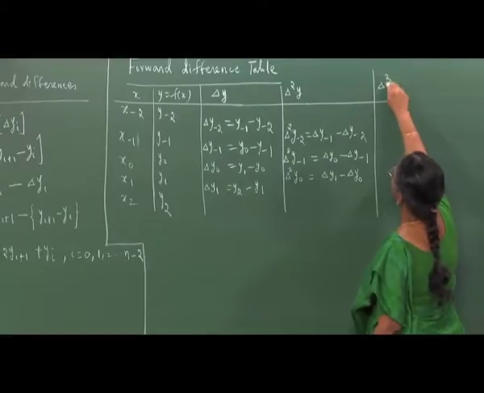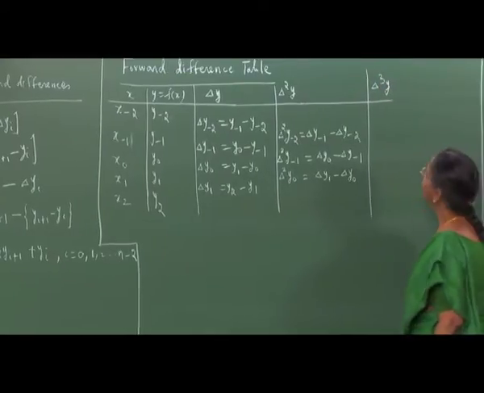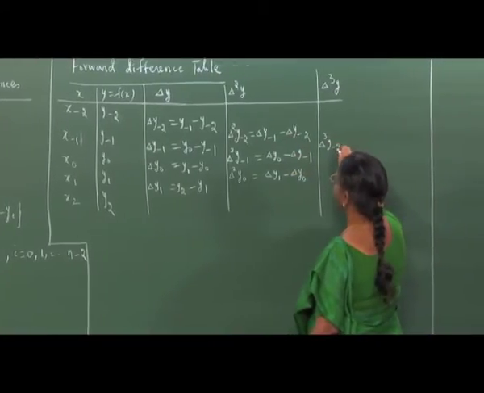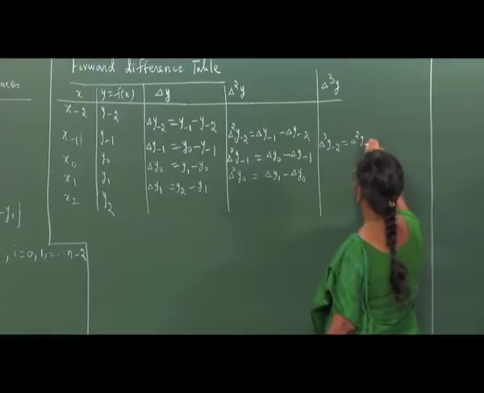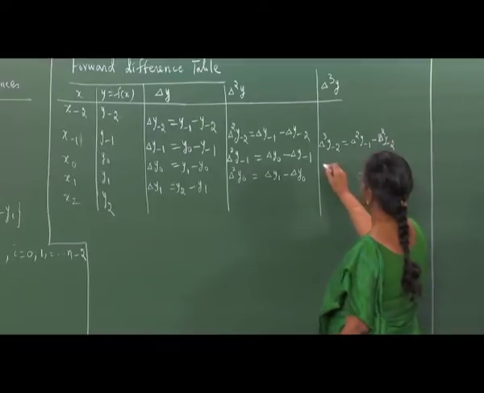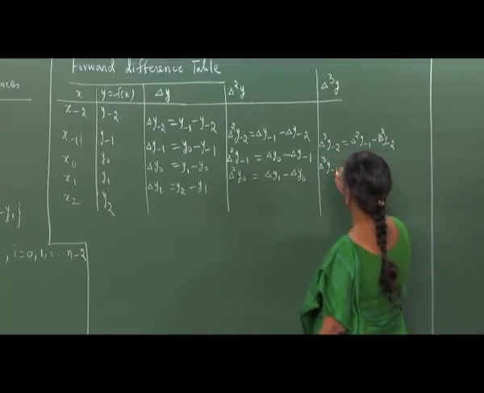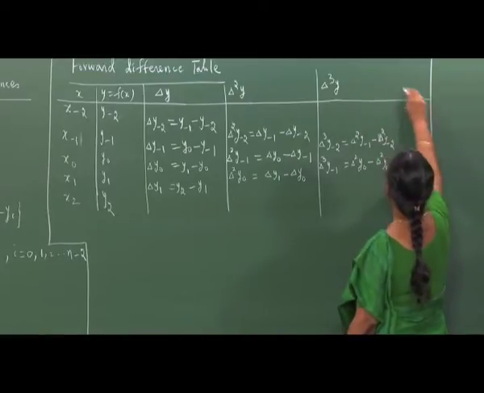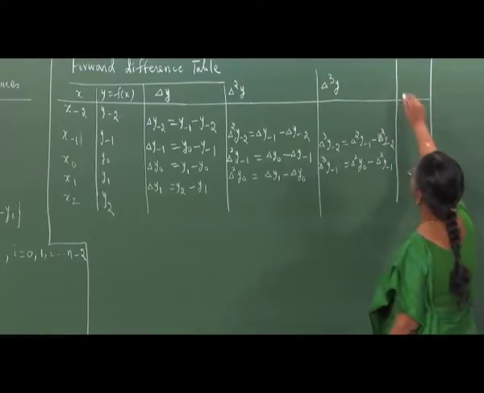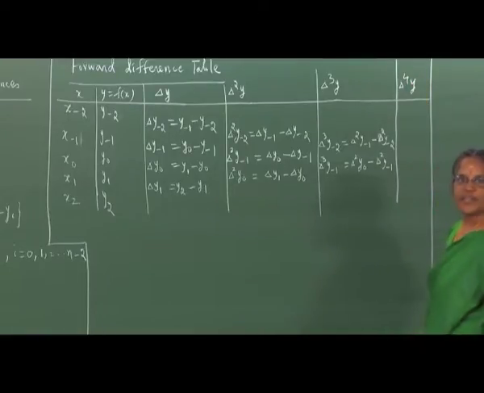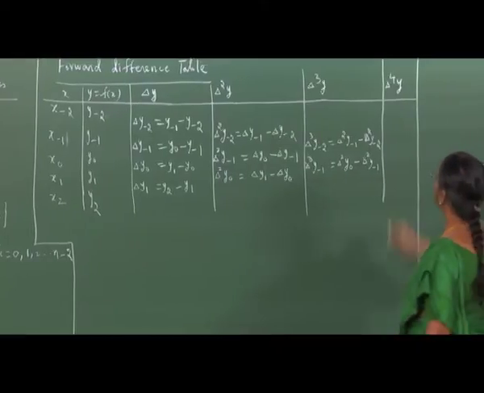Let us go to the third order differences, del cubed y. So, we have del cubed on y minus 2 will be del square on y minus 1 minus del square on y minus 2. Then del cubed on y minus 1 will be del square on y naught minus del square on y minus 1. Let us now move on to compute the fourth order forward difference, del power 4 on y.